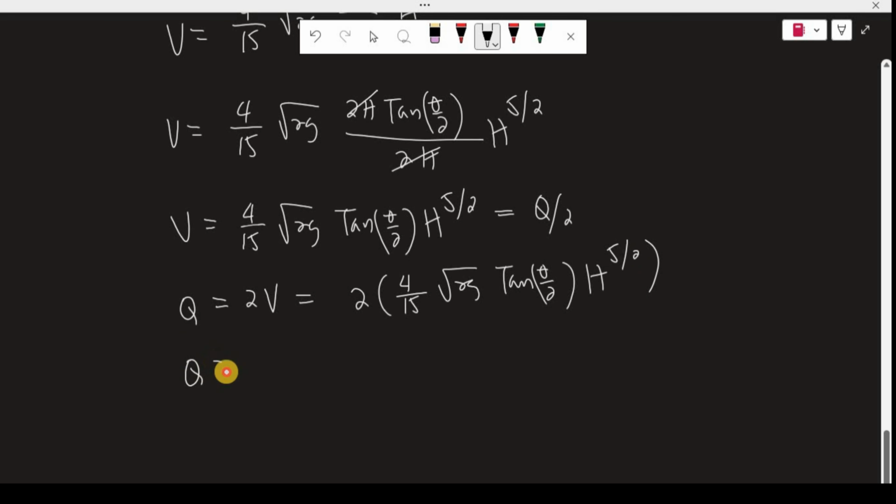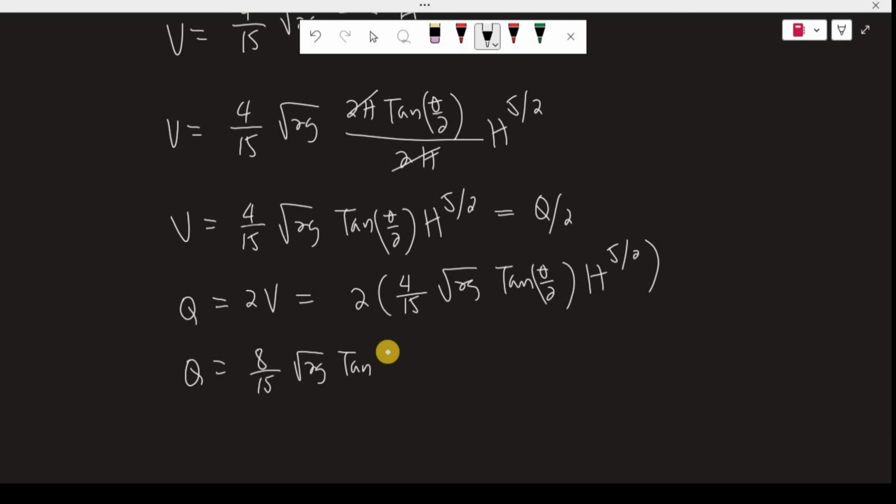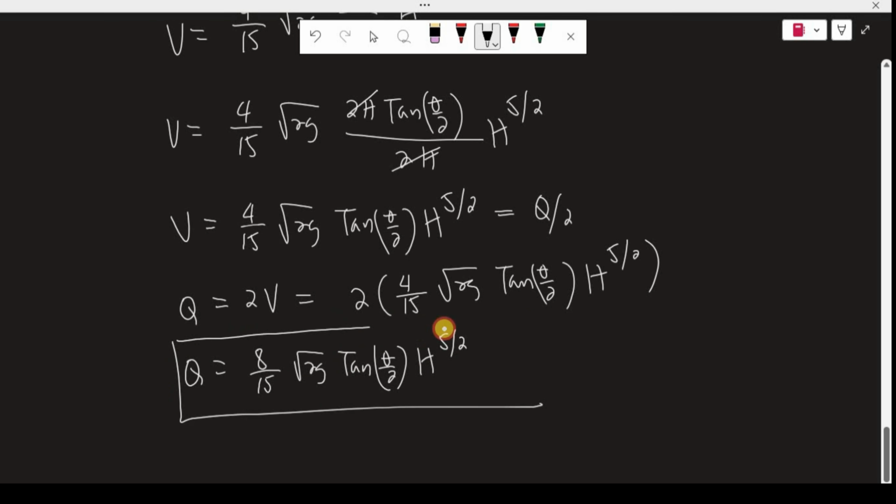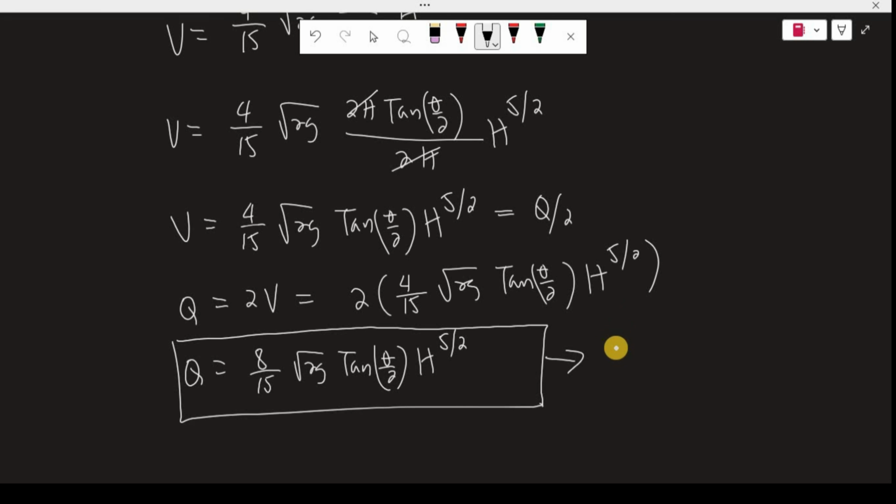So our final discharge is 8 over 15 square root of 2g tangent theta over 2 h to the power 5 halves. So this is the total discharge.